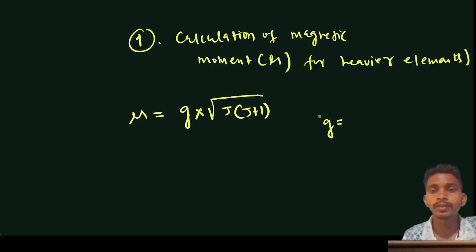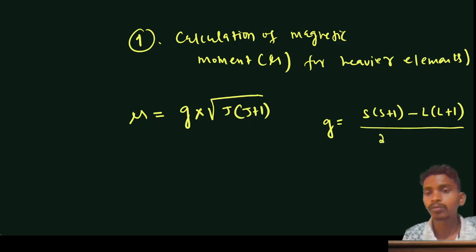The formula for g is 1 plus S into S plus 1 minus L into L plus 1 upon 2J into J plus 1.